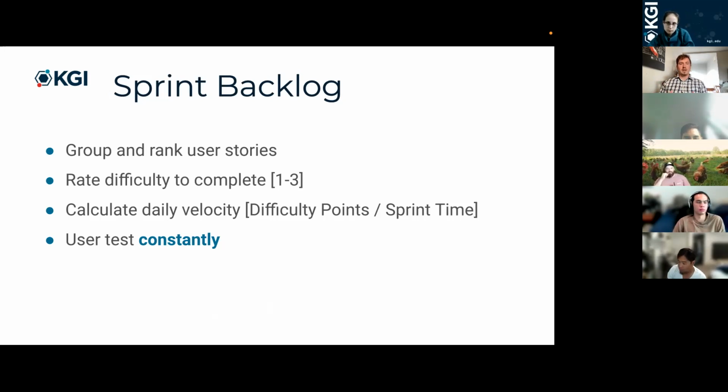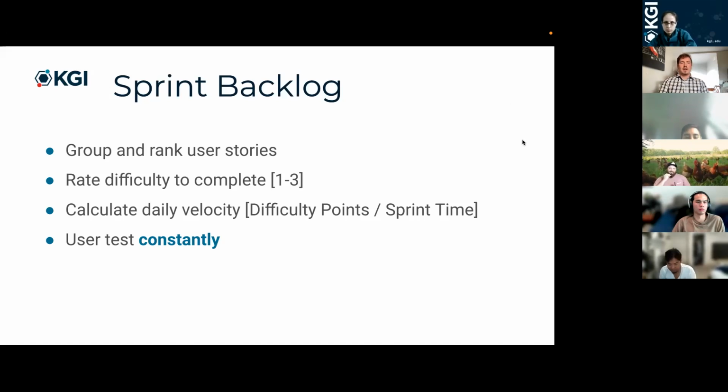Once you've done that, you're going to develop functions that address each user story and then rate the difficulty to complete on a 1 to 3 points basis. And that's going to help you figure out where you need to focus.